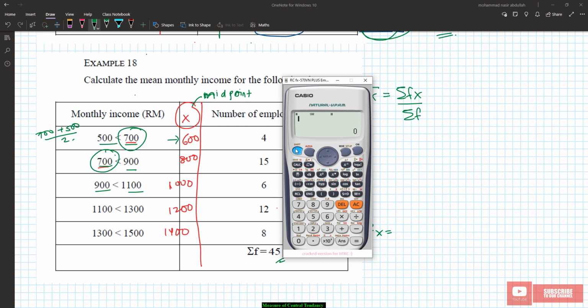Let's say I already key in the data, you cannot recheck this data like this, because it only has a single small screen. Never mind. So later on find your calculator, as I said in the first class.